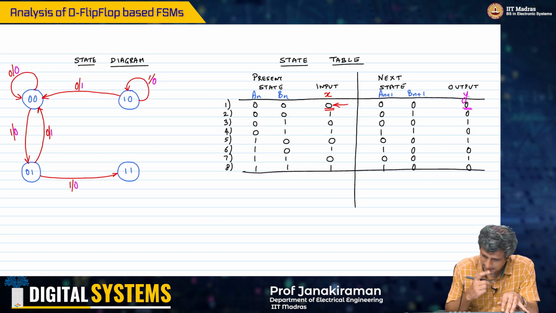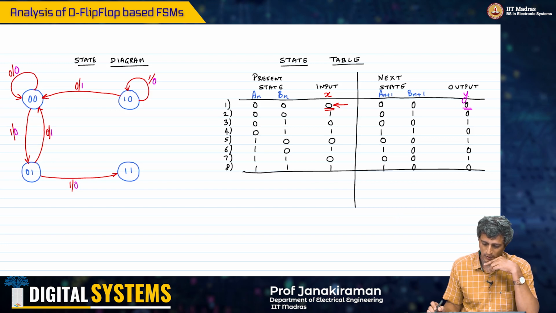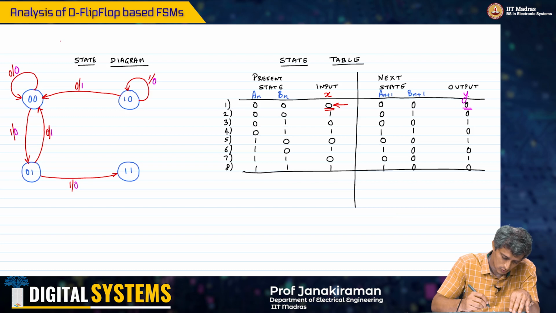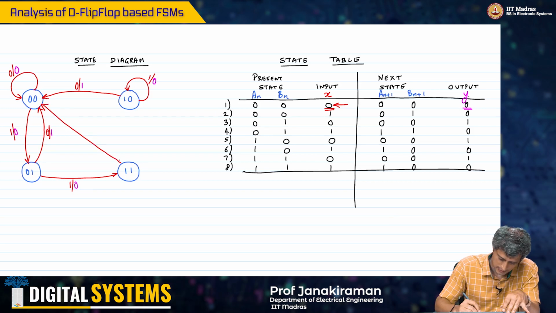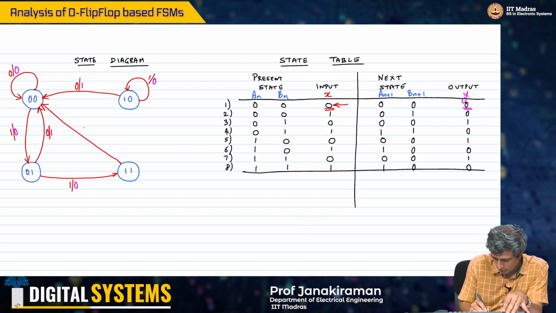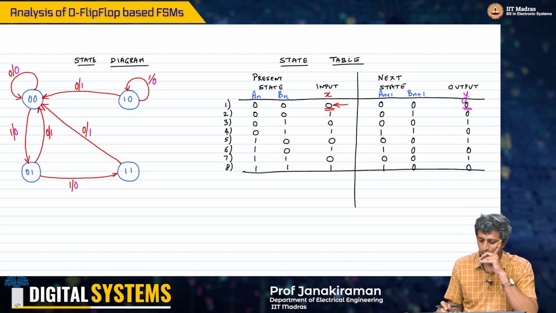And now I come to state 1 1, line 7 and line 8. I am in state 1 1 and the input is 0. I go back to 0 0. So here, 1 1, the input is 0 and the output is going to be a 1, right?